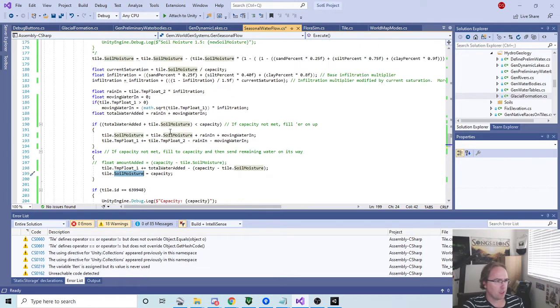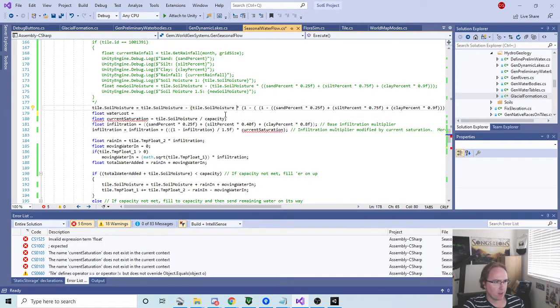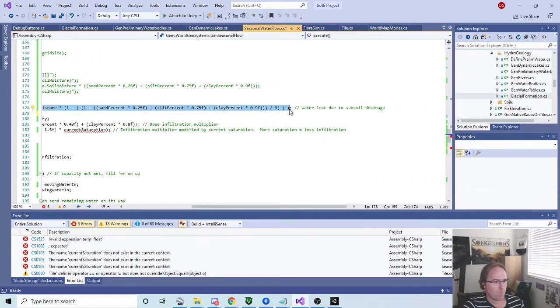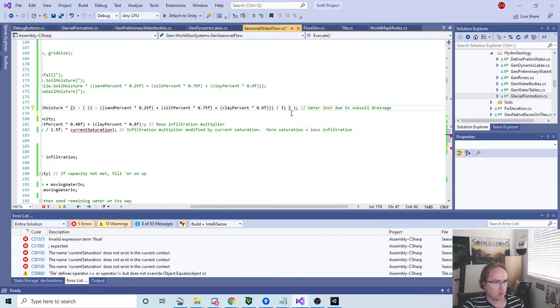Let's try dynamically calculating how much water is lost. Floats. Water lost. Then we'll do the math. Water loss multiplier. Let's just do this.